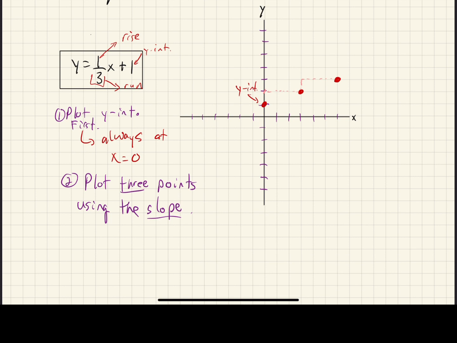Right? And every time it's the same thing. So remember, that's 1 and that's 3. And then I'm going to do one more point, up by 1, over by 3. And I know it kind of goes off the graph here. I could extend the line, and it's going to continue that way anyway.